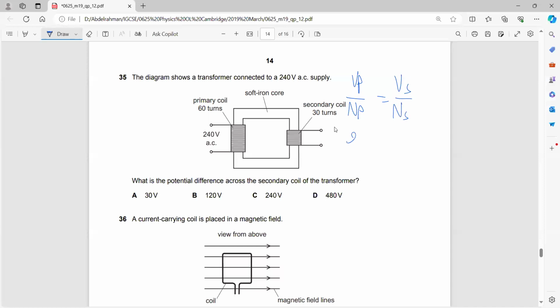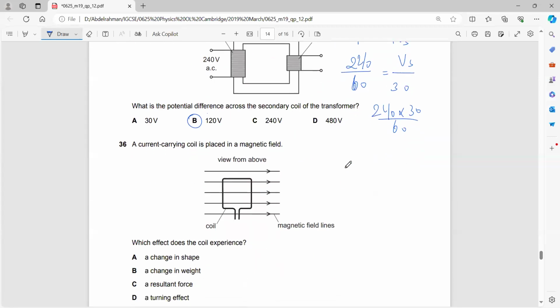We have the VP, 240, and VS over NS, which is 30. Cross multiplying, 240 times 30 divided by 60 would be 120 volts. Step down transformer. Okay, good.